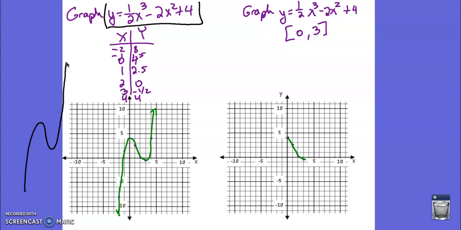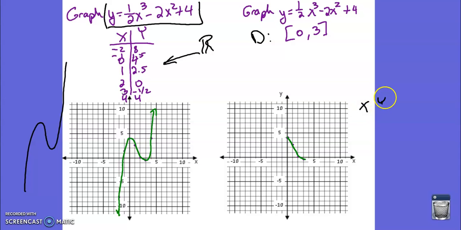The reason why I want to point out this second graph is that, notice over here, the domain is all real numbers. I just plugged in anything I wanted to. Well, here, notice I restricted the domain. I only want the domain of that function from 0 to 3.